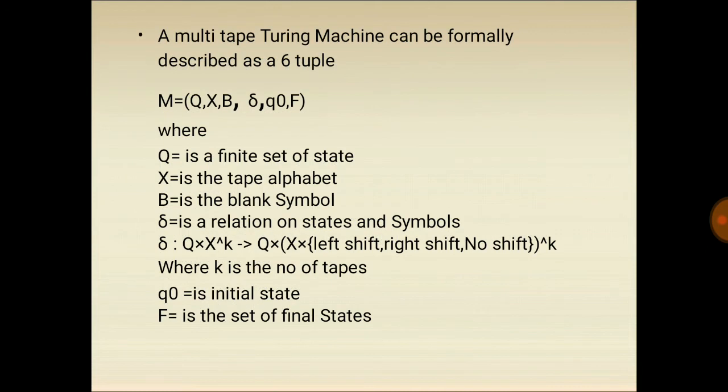A multi-tape Turing machine can be formally described as 6 tuples, that is, Q is a finite set of states, X is the tape symbol, B is the blank symbol, del is the transition function, Q naught is the initial state, and F is the set of final states.